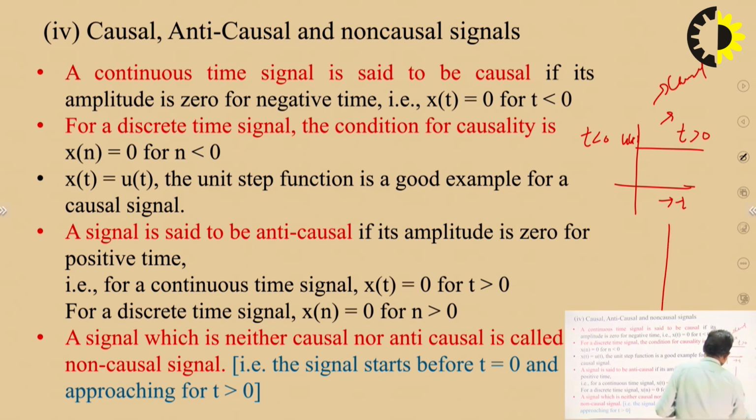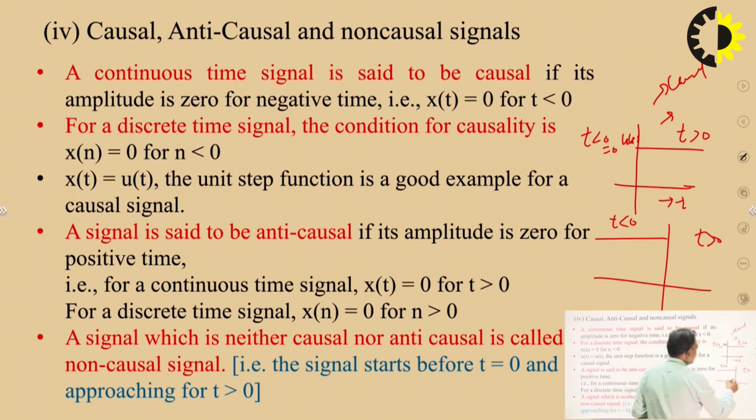Now, if we take its mirror image, a signal which is only defined for t less than 0, here for t less than 0 the value is nonzero, and for t greater than 0 the value is 0. So this is u(-t), and this signal is an anti-causal signal.